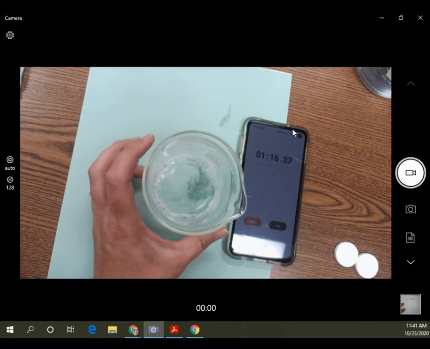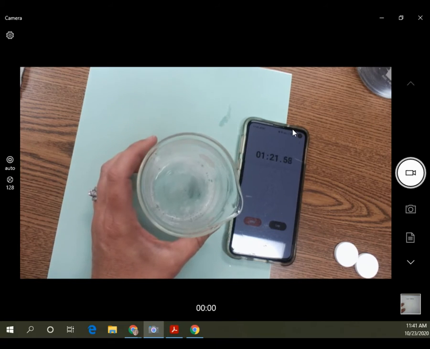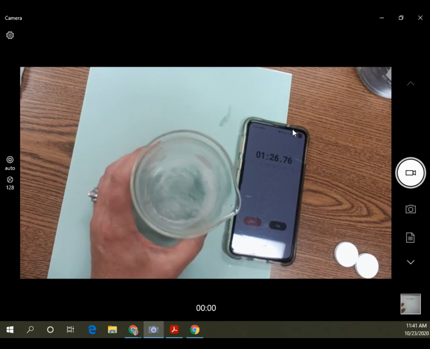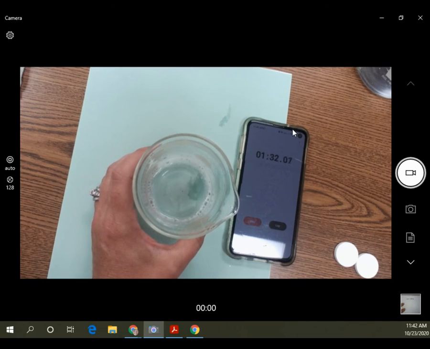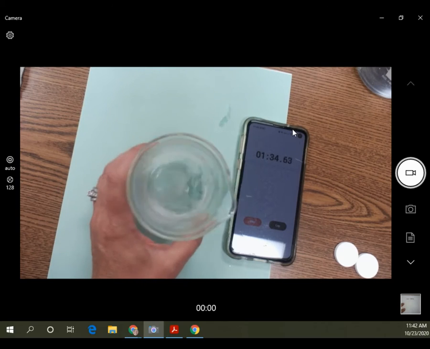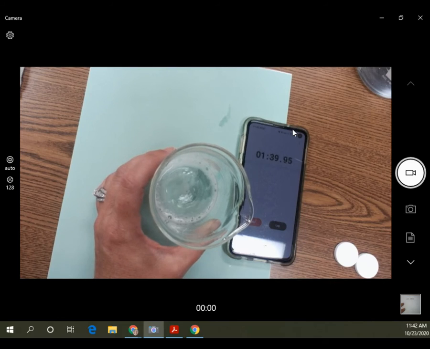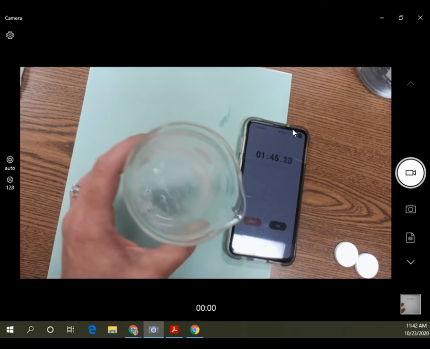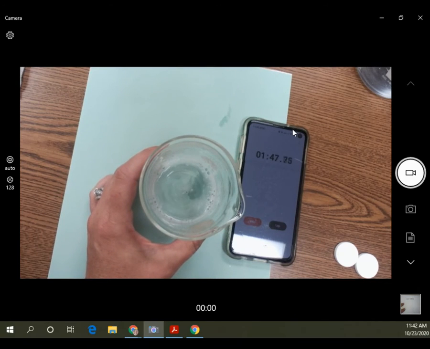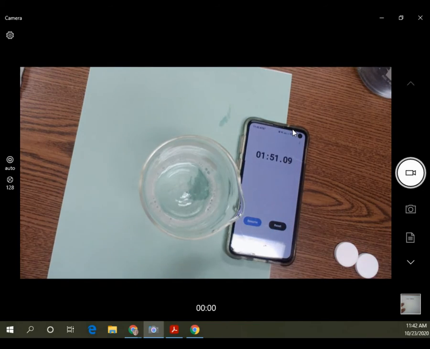Still got a piece. Just breaking up. I think there's still a couple of little pieces down in there. I think we're good. All right, so 1 minute 51 seconds.